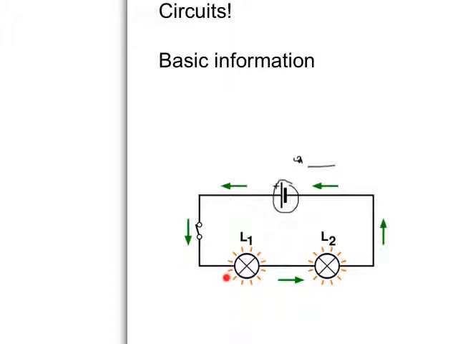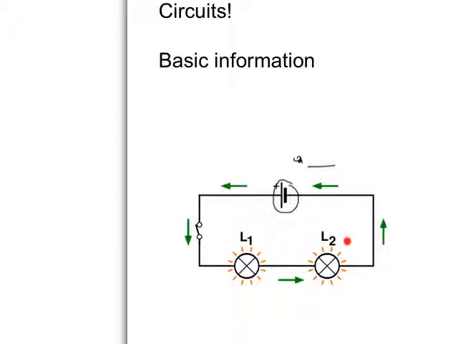Now this light bulb has resistance. The wire inside the light bulb is really thin, so the electrons need to squeeze through this tiny wire because it has a lot of resistance. And when it has a lot of resistance, then a lot of energy is lost. It doesn't lose all its energy because this electron that's carrying energy then needs to go into this light bulb and lose the rest of its energy.